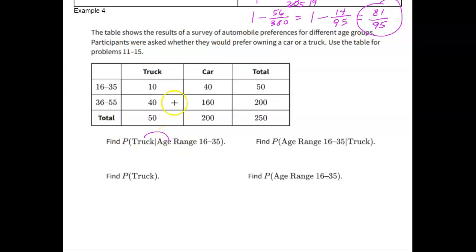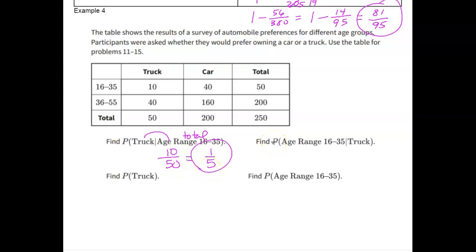So a truck and 16 to 35, we've got 10. Out of, remember my total is always the given part, so my total is all the people that are 16 to 35. So we're going to go across and we've got 50. So 1/5.